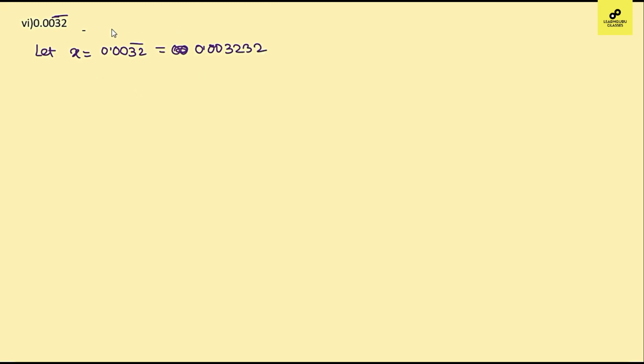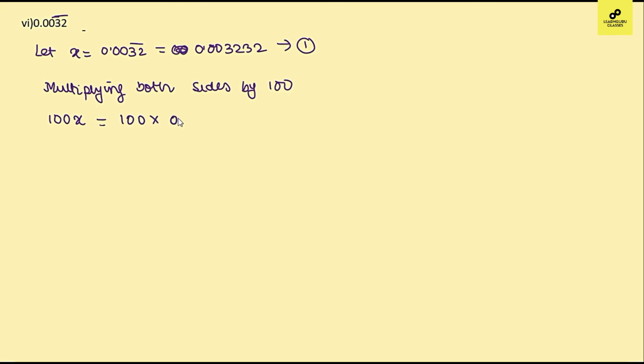Okay, so here since 2 digits are under the bar, so multiplying both sides by 100, you get 100x equals 100 into 0.003232, so 100x equals, now this 00 will come before the decimal, so 00.3232. Okay, so this is equation 2.